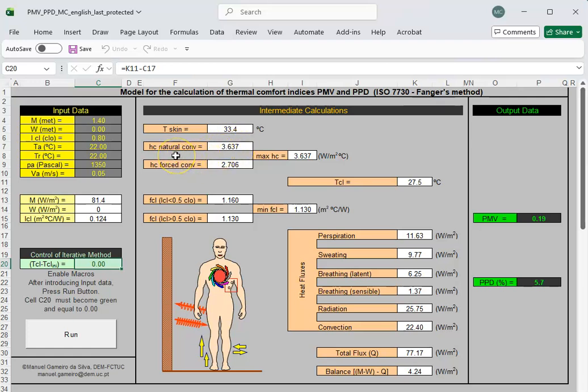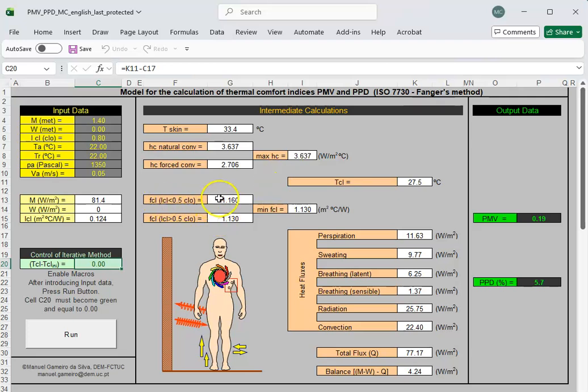We are calculating the natural convection coefficient, which depends on the temperature difference between the external temperature of the clothing and the air, and the forced convection coefficient that is dependent on the air velocity. And basically we are taking the maximum of those two, meaning that, for instance, in this situation, because the velocity was relatively low, the natural convection coefficient is the one dominating the phenomenon.